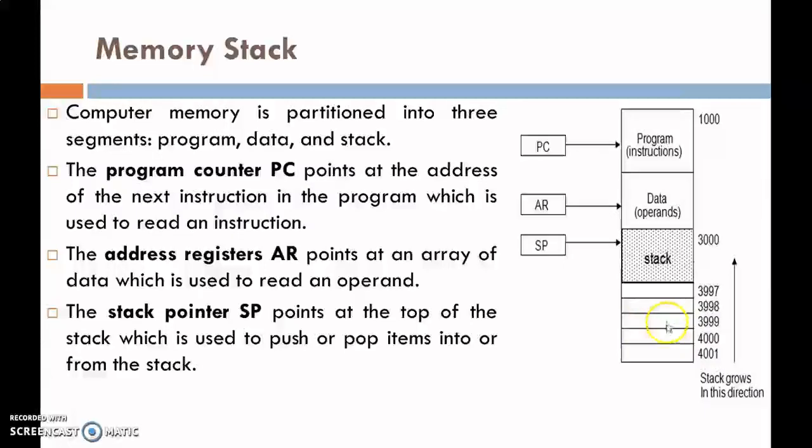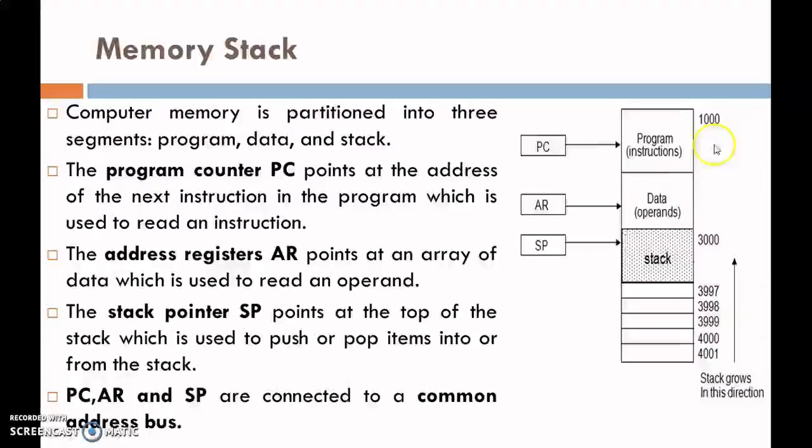Then first of all this data item is placed in the DR register, the data register. Then I have to increment the stack pointer, because here my address becomes 4000, which is an increment by 1. Then after that I get 4000.